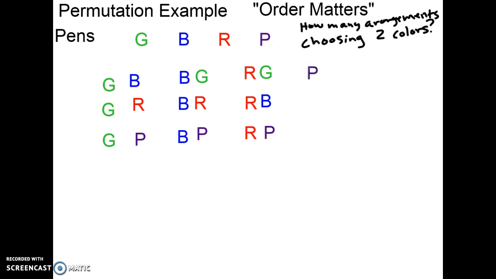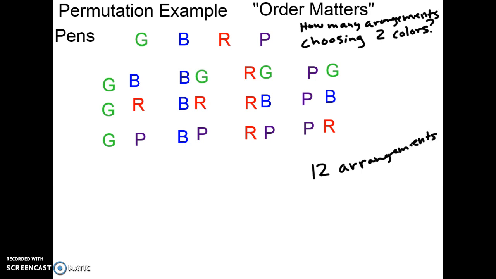So we have purple and green, purple and blue, and purple and red. Okay, so we have all these different arrangements, and you can see we have 3 rows of 4 different arrangements. So this would be a total of 12 arrangements.